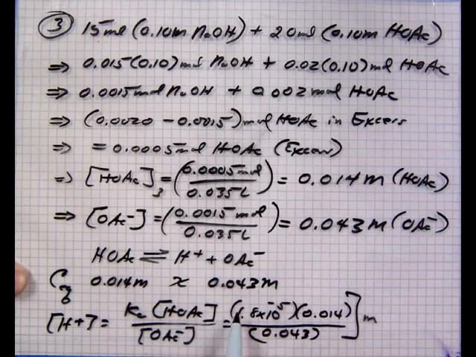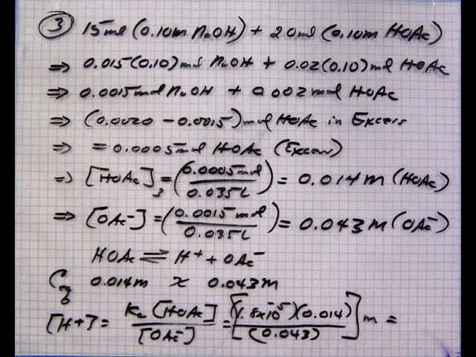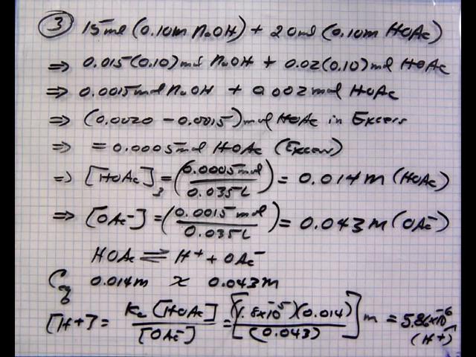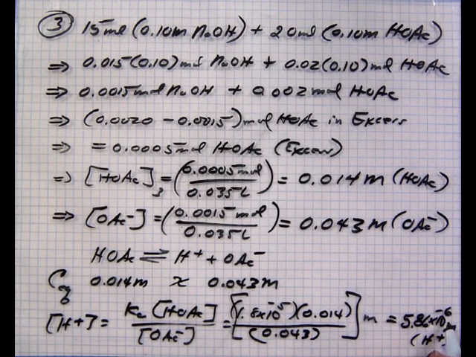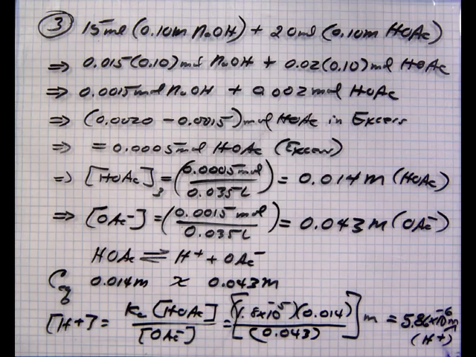This will all come out in moles per liter, and that gives us 5.86 times 10 to the minus 6 moles per liter, and put a molar in there, hydronium ion, and we take the logarithm of that.